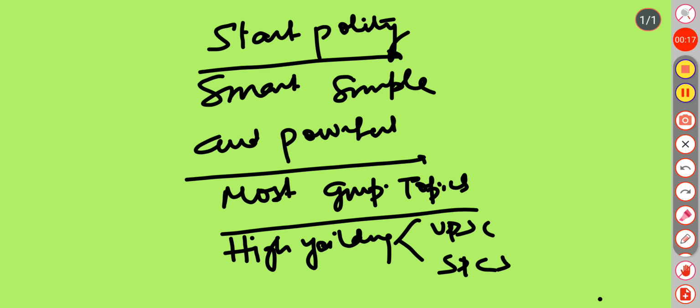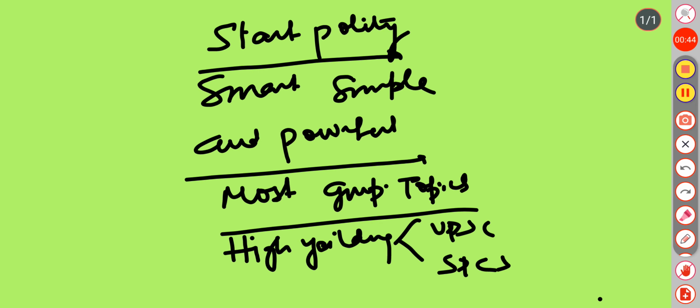So from today, I will try to cover the entire polity, that is Indian polity and constitution. We will cover all the things which are high yielding, very important from your exam perspective.